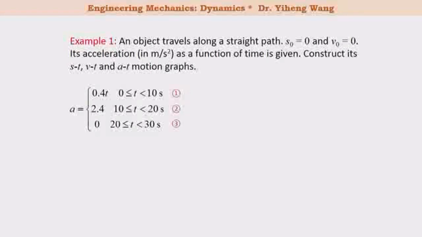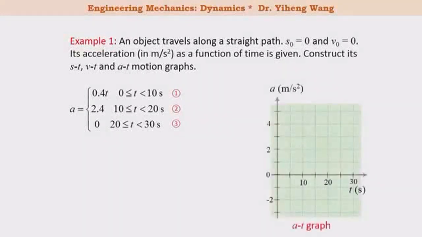The at graph is the easiest to sketch since the function is given here. So for the time period 0 to 10 seconds, we sketch the first equation that a equals 0.4 times t, and that's a linear function. And we graph it up to the point that t equals 10 seconds.